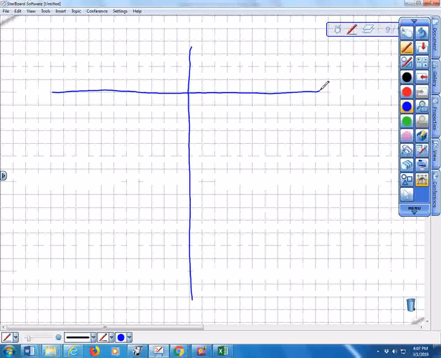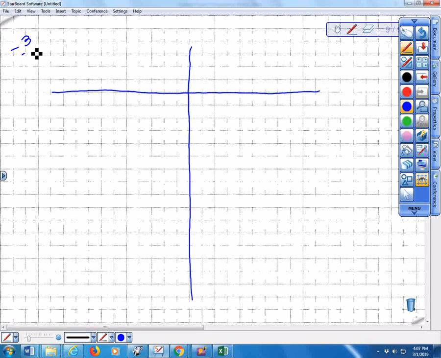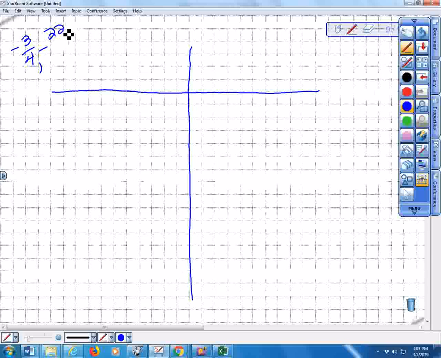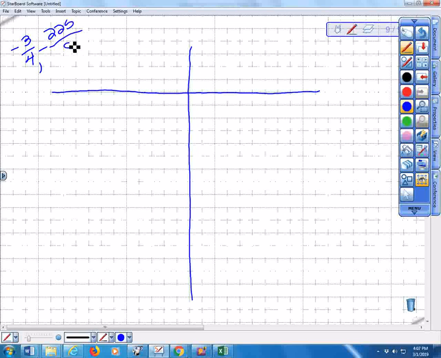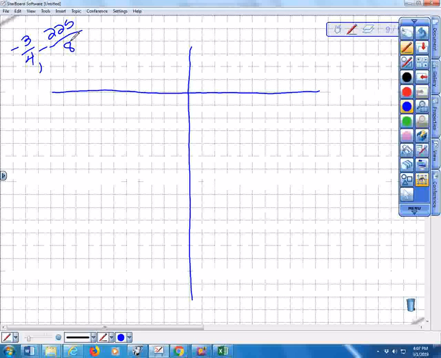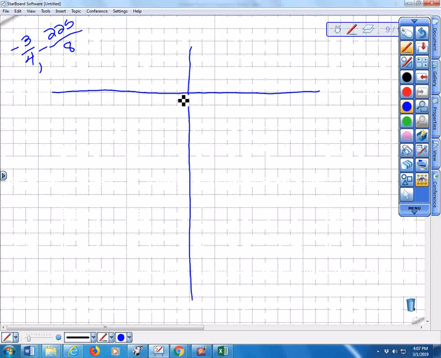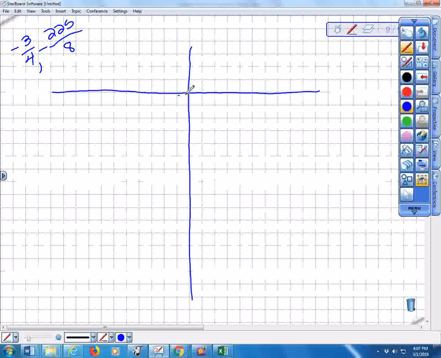My vertex I found was negative 3/4, negative 225/8. 225 divided by 8 is 28 and an eighth, basically. So I'm going to go negative 3/4, and I'm going to count by 2's. So it's going to be closer to here.